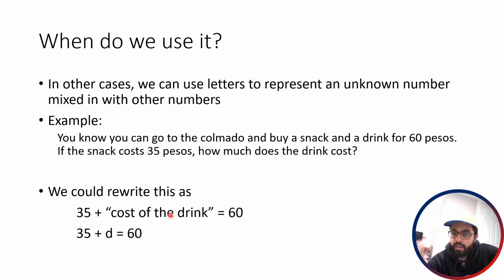A couple of years ago, you would have seen this as a blank in the questions. The 35 plus blank equals 60, 35 plus question mark equals 60. That's what's going on here. And the only reason we would use a single letter is we're too lazy to write out cost of the drink. So you can say 35 plus, and you can pick the letter. You can say D for drink, C for cost, P for price, or A because your name starts with an A. It doesn't matter.